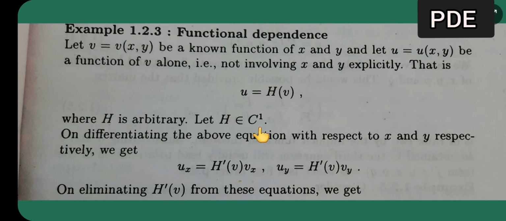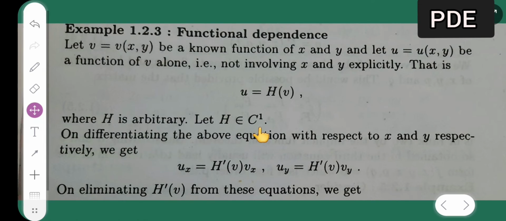Let us see. On differentiating the above equation with respect to x and y, we get, so if we differentiate the above equation with respect to x and y, what are we going to get?